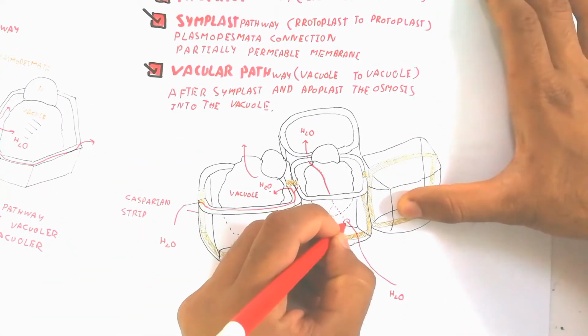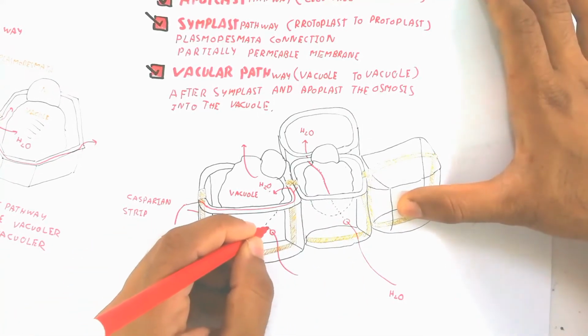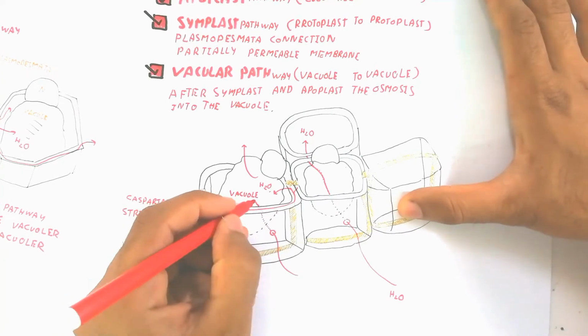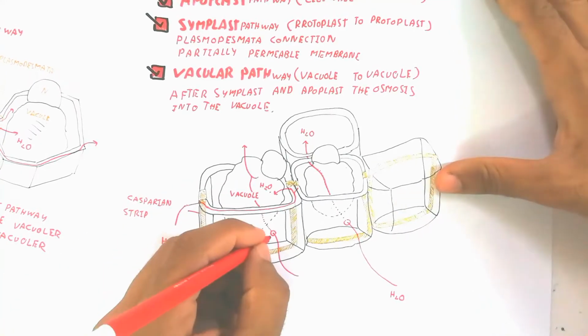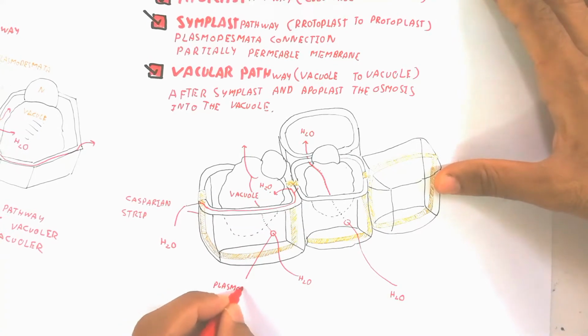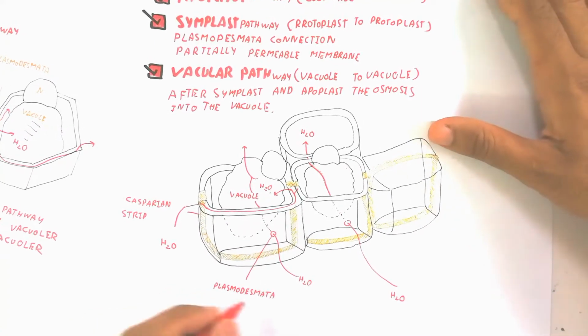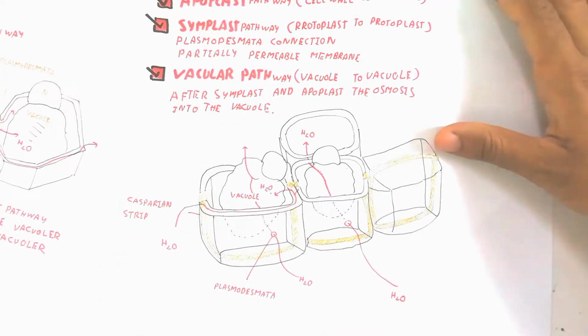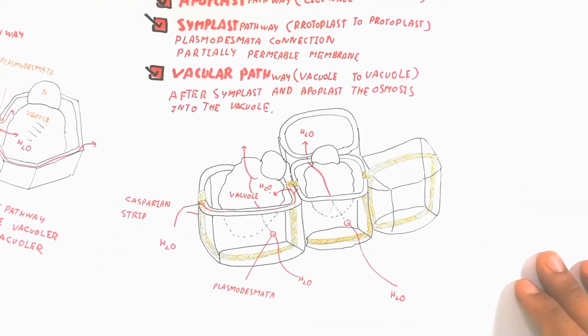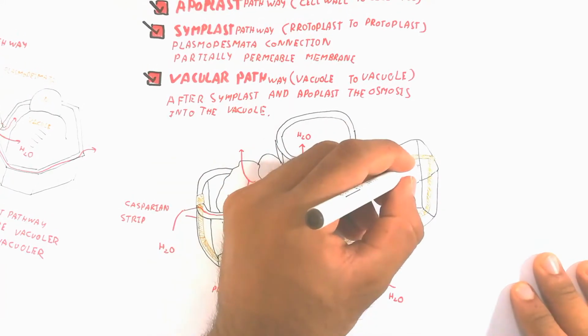Here is the plasmodesmata, a pore-like structure, and the plasmodesmata allows water to move inside. Because the Casparian strip is present, the water changes to another path: the Symplast pathway or the vacuolar pathway, vacuole to vacuole movement.